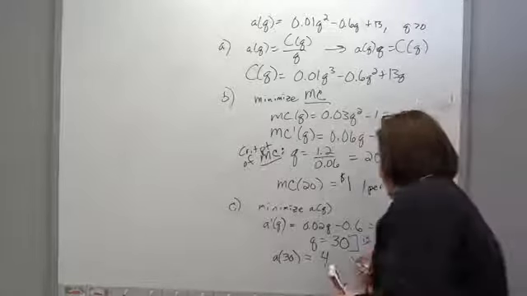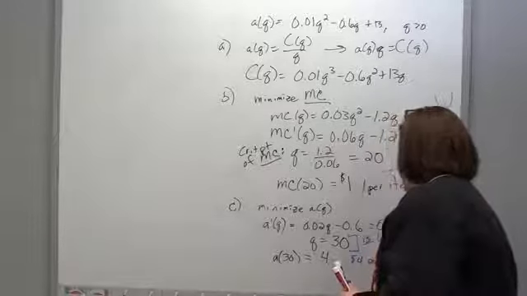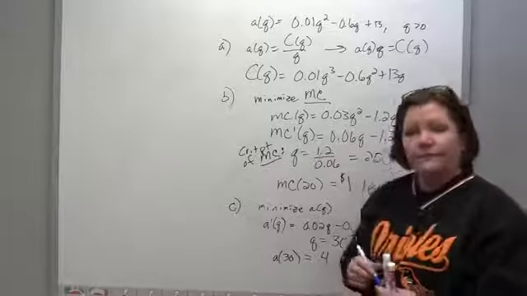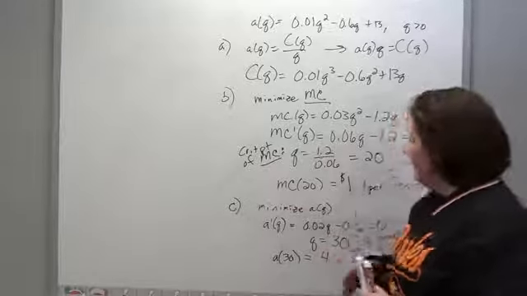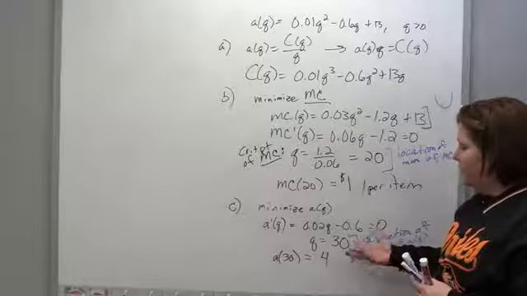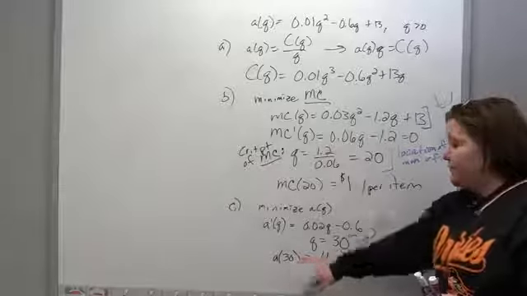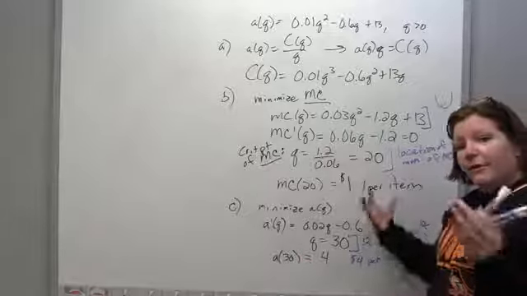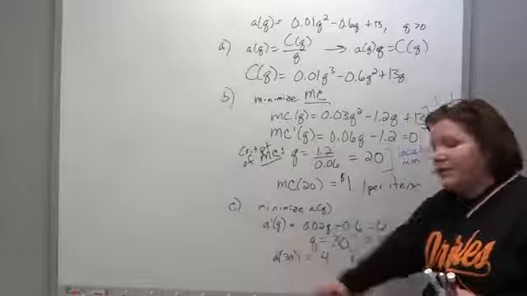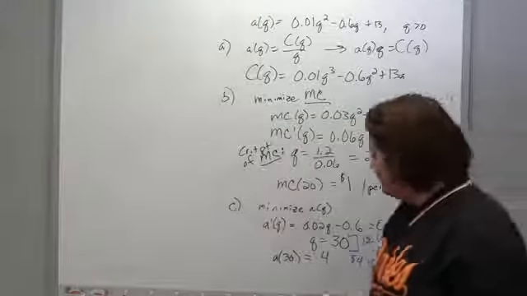That means the average cost is $4 per item. It could have been that the actual cost of making the first 10 was more than the last 20 because we were able to get bulk pricing. But when we look at it all, producing all 30, we got $4 per item.